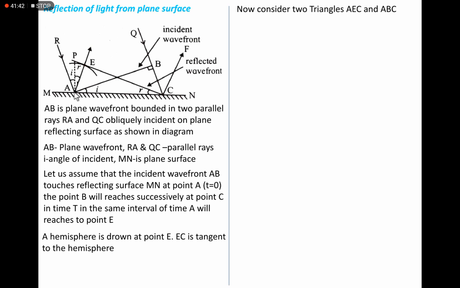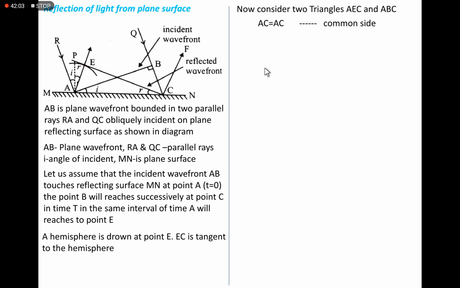I repeat, which are the two triangles? AEC and ABC. Now AC is a common side of the triangles, so they must be the same.